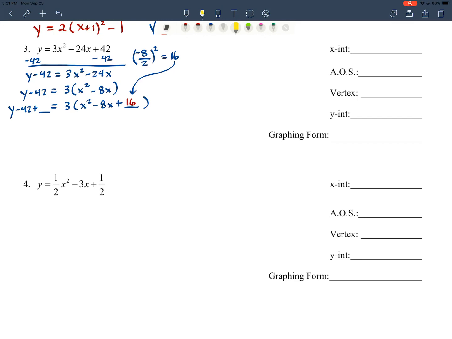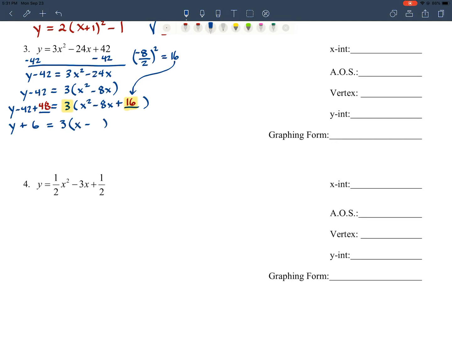But again, we have 16 and we're multiplying that by 3, so we're really going to add 16 times 3, which would be 48 to the left side. So now it's y plus 6, after we simplify it, is equal to 3 times the quantity of x.